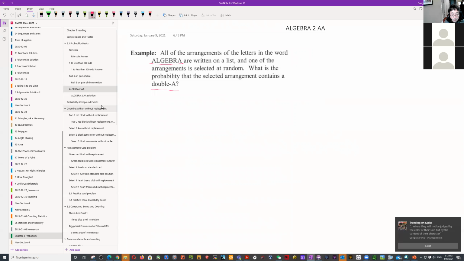But what are we really counting? Because it's asking the probability, what we need to answer first is what tuple we are trying to count. So obviously we have 1, 2, 3, 4, 5, 6, 7 letters.